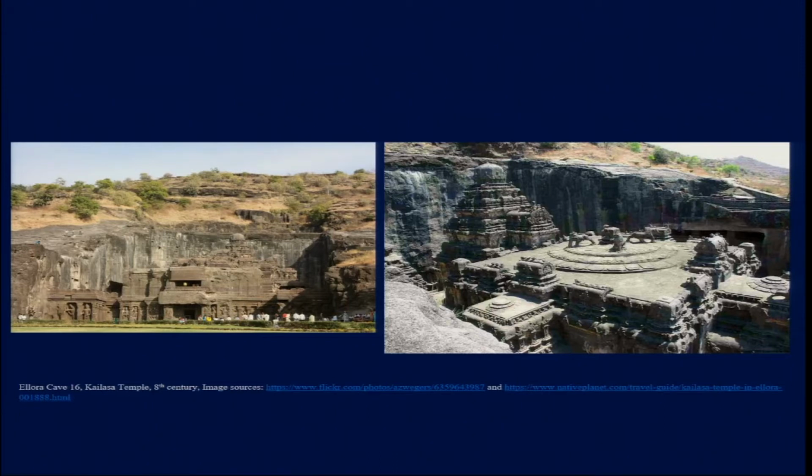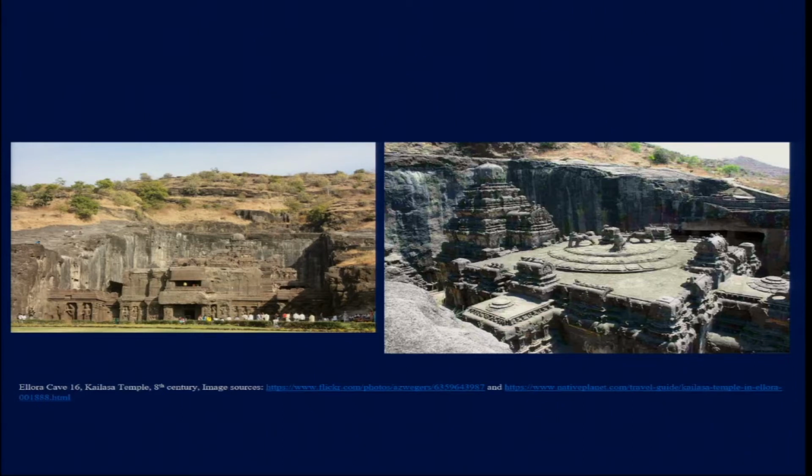But a very specific piece of information about this particular temple is that the carving of the rock structure started from the top of the temple and then went downwards, which is usually the opposite of what happens in temple building, where we start from the base and then slowly the towers, the shikhara and the other elements are added on top of it.